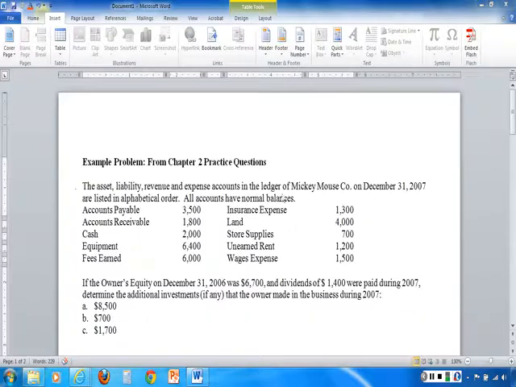From this information, I have assets, I have liabilities, so I know I can find out ending equity. I can also take a look at my revenues and expenses and find out net income. So I'm going to first start identifying these items for what they are and then take it from there.